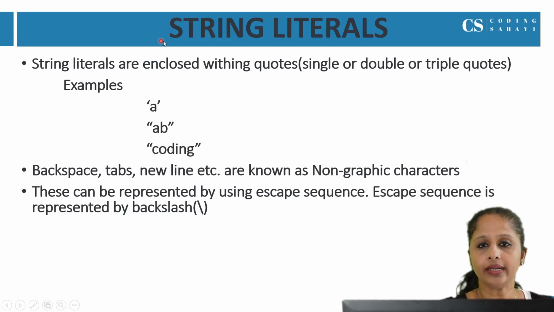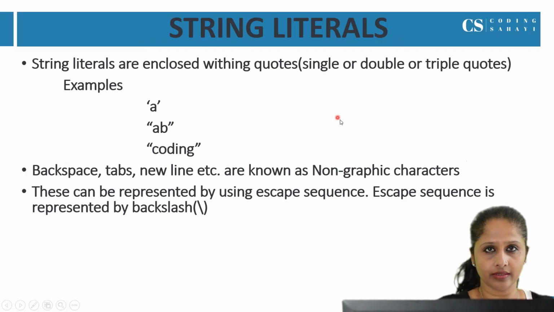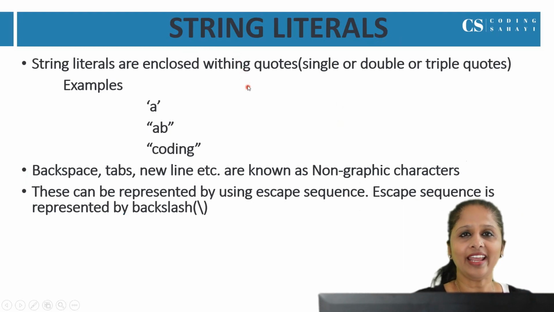So the first one is string literals. String is actually a group of characters. A character or group of characters is known as a string. It may be a word or a sentence. So that is string. In Python, every time we write string literals inside quotes, either in single quotes, double quotes, or triple quotes.